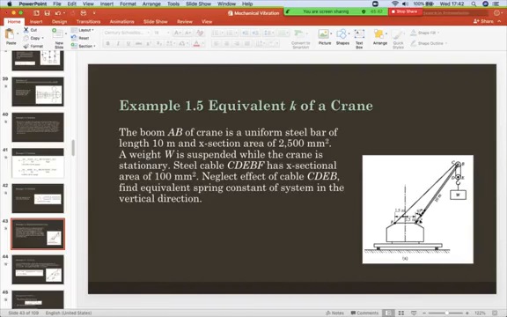This one, E to B, that is the boom, a uniform steel bar of length 10 meters, so this is 10 meters, and cross-section area of 2,500 mm². So that is the section area of this boom. A weight W is suspended here. This carries the weight while the crane is stationary. It can be moving, but right now it's just stationed here, with the tail cable.